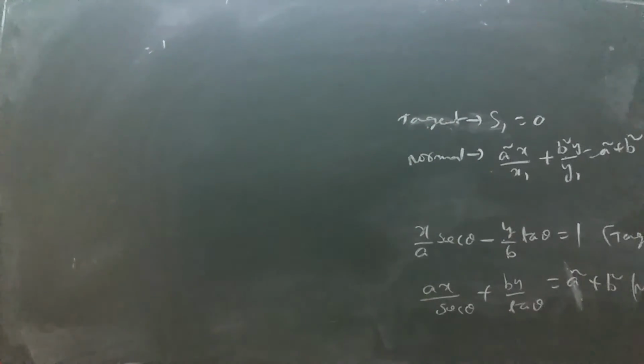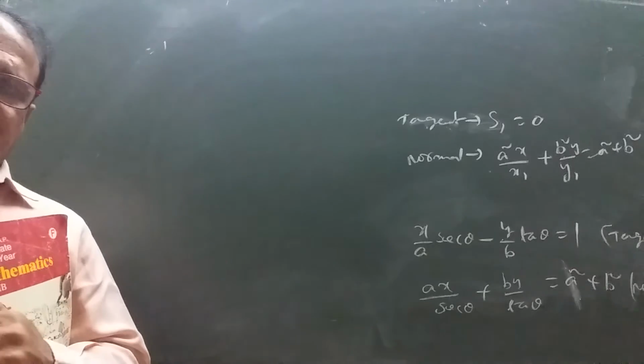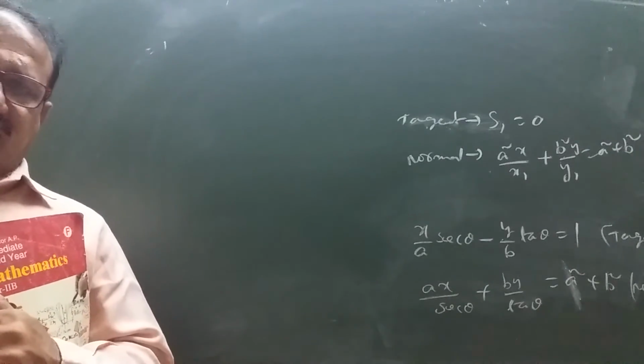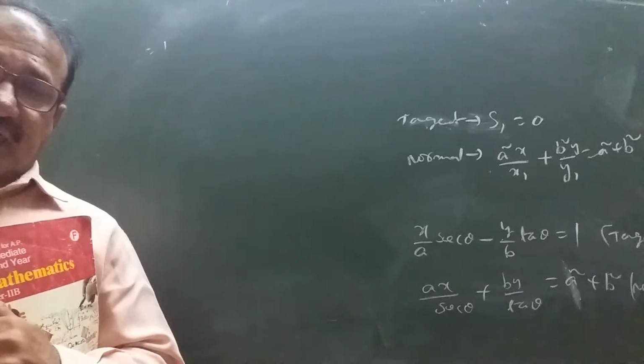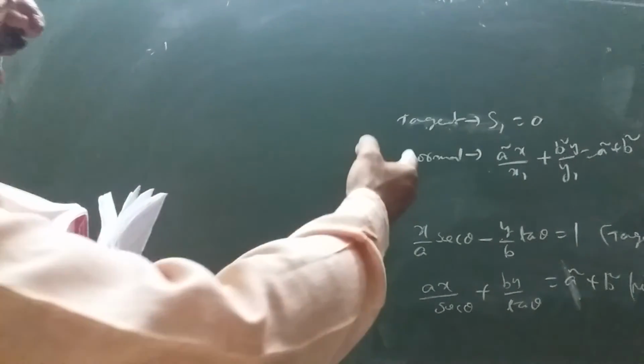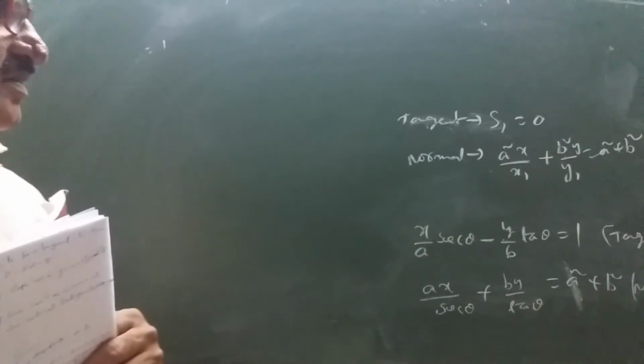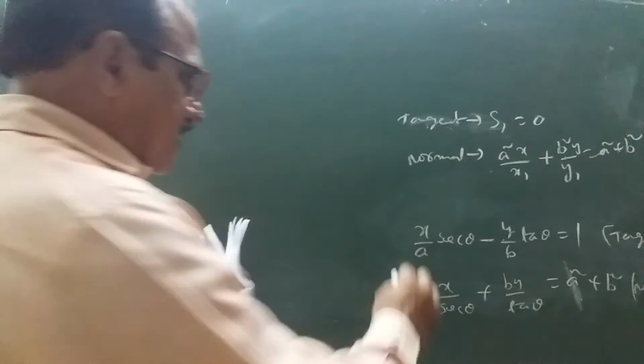That means the normal at a point P(x1, y1) on the hyperbola x square by a square minus y square by b square is equal to 1 is a square x by x1 plus b square y by y1 is equal to a square plus b square.